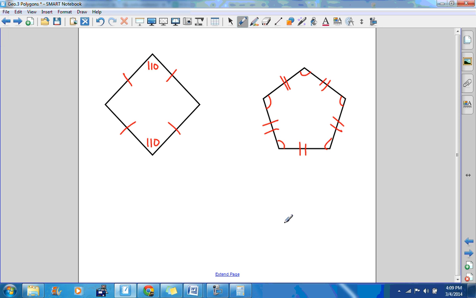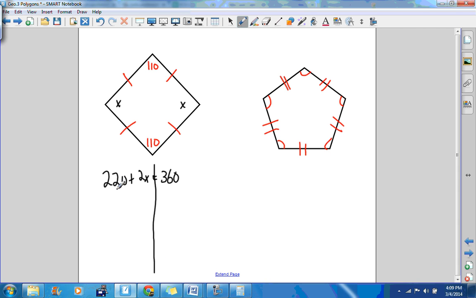I would like you to try these on your own to tell you what each of the values would be for these two shapes. So for this one over here, since I know this equals 360 degrees, I know that 110 plus 110 is 220. And then plus 2x is going to be equal to 360 degrees.